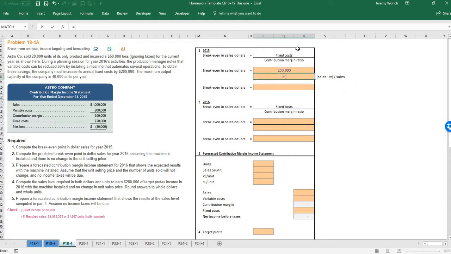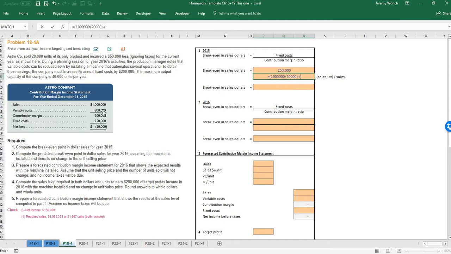So let's talk about it on a per unit basis. Sales per unit is $1 million in sales divided by 20,000 units sold. And we want to subtract out variable cost per unit.